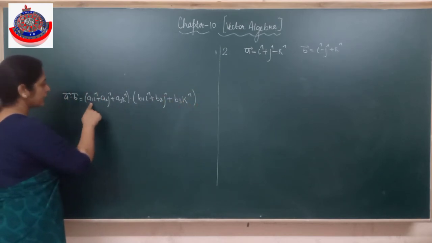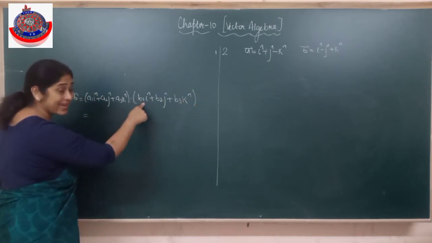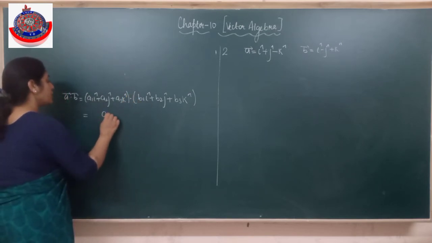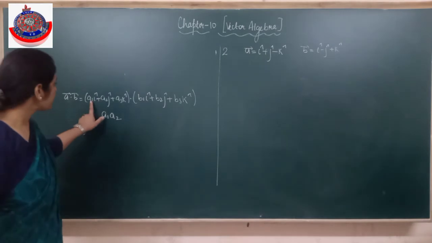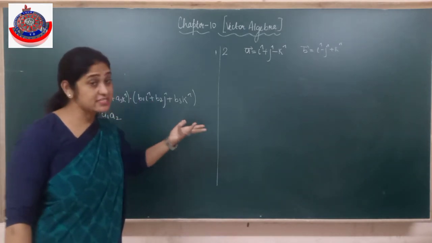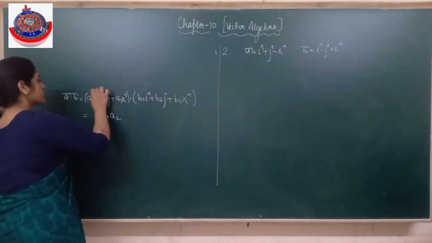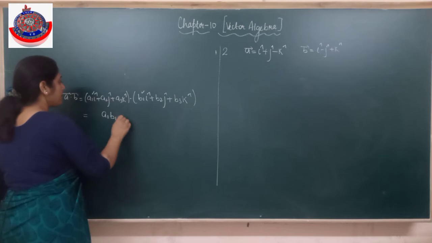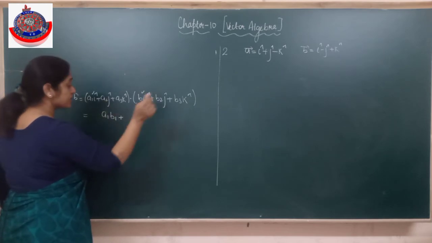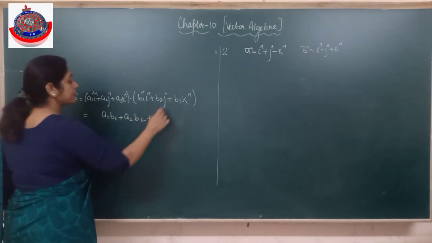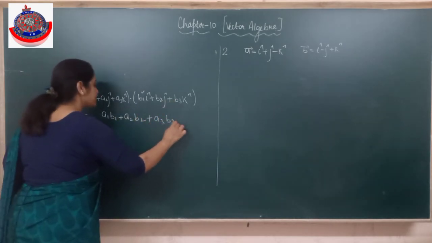If I multiply A1 i cap into B1 i cap, so i dot i is 1, so it will be A1 B1. But when I multiply A1 by B2, it will be i cap dot j cap, that is 0. So the only terms that remain are this and this, plus A2 B2 because j dot j comes here, and A3 B3 because k dot k comes, which is equal to 1.